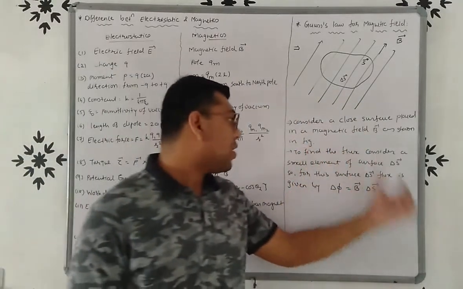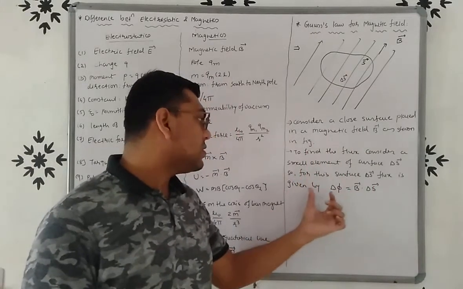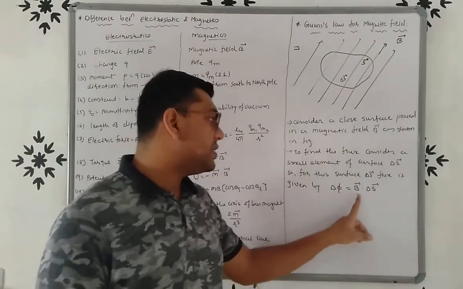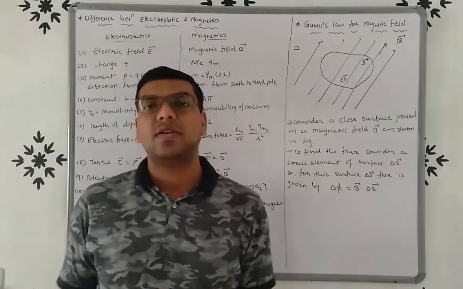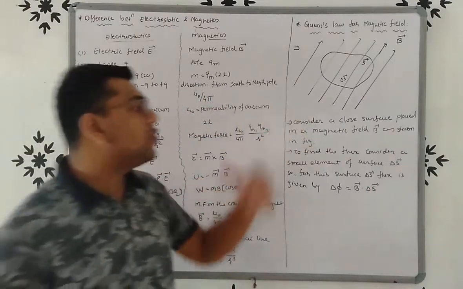So for a small element of surface delta S, flux is given by delta phi is equals to vector B dot delta S. Now friends, we have to find out the total flux.